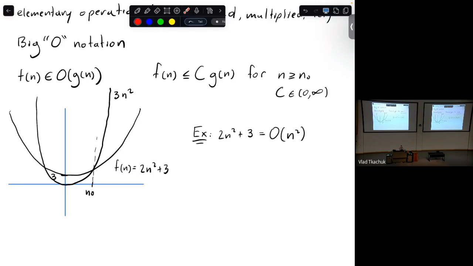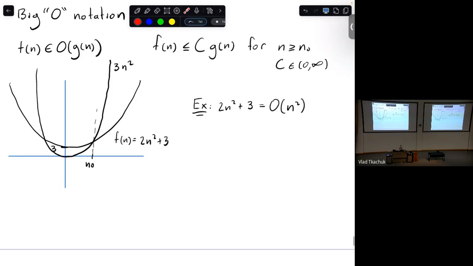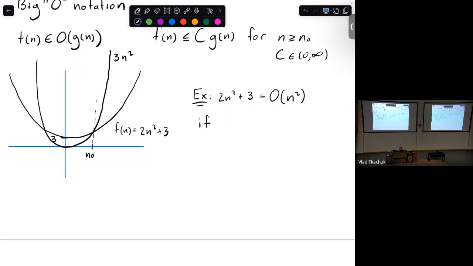Okay. And so in this example, we would say this function is in this set, because, well, let's look at this. At what n naught is this thing strictly bigger? You can play around with it, or you can rearrange and solve this system of equations.